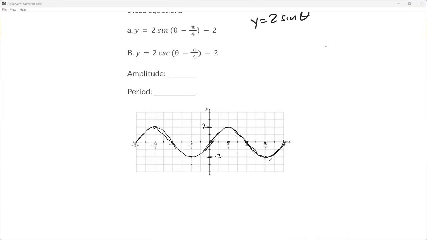So pi over 4 represents just one track over. You get there?